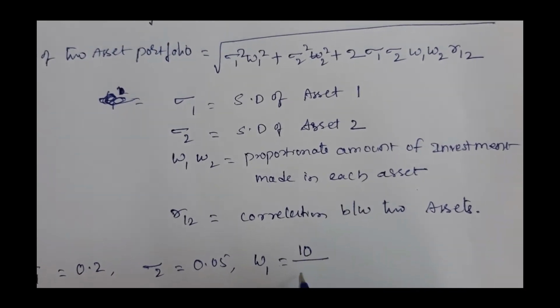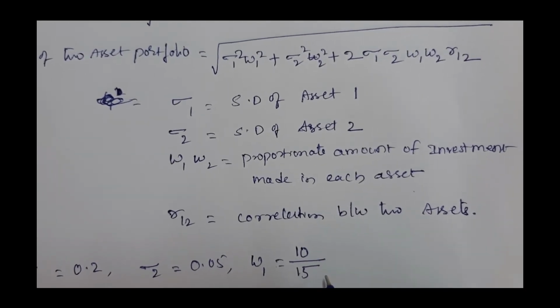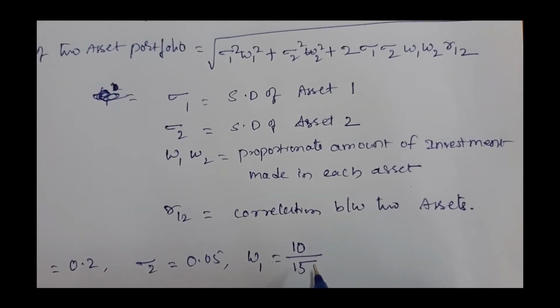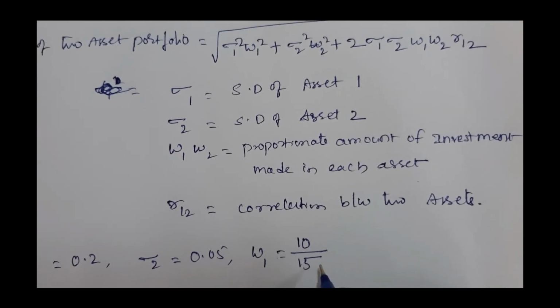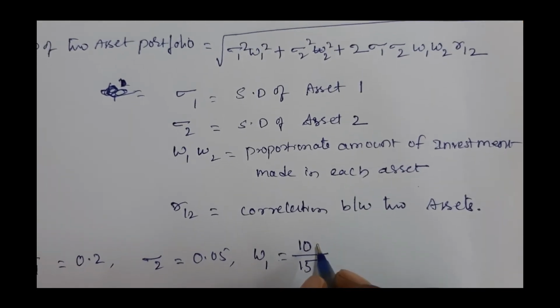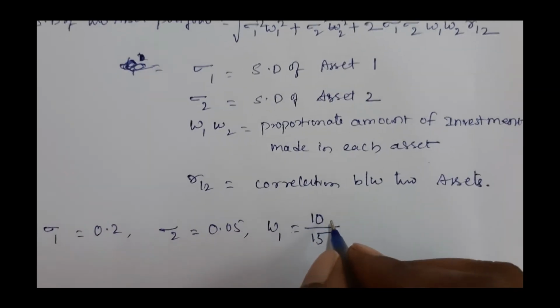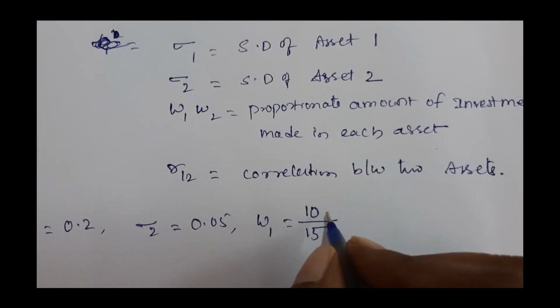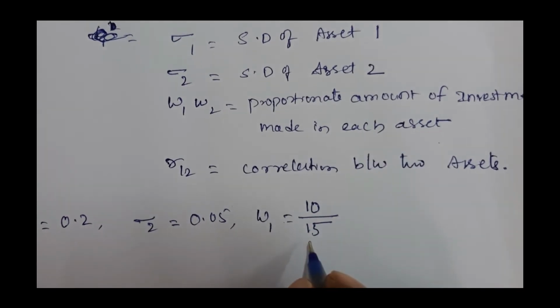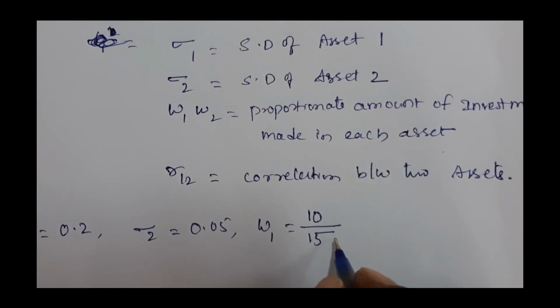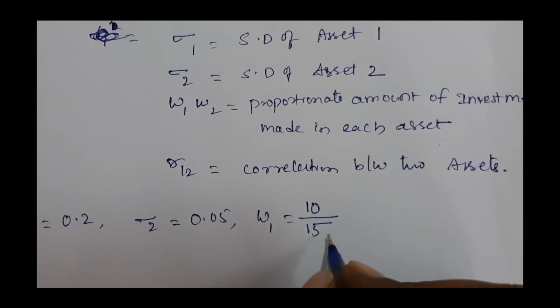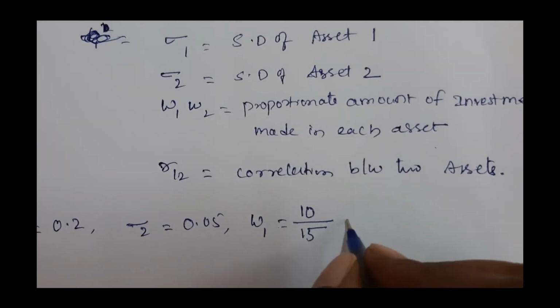So 10 million and a total of investment made in Microsoft as well as AT&T. So 10 million will be the investment made in Microsoft divided by total investment. So that is 10 plus 5, which is total investment.